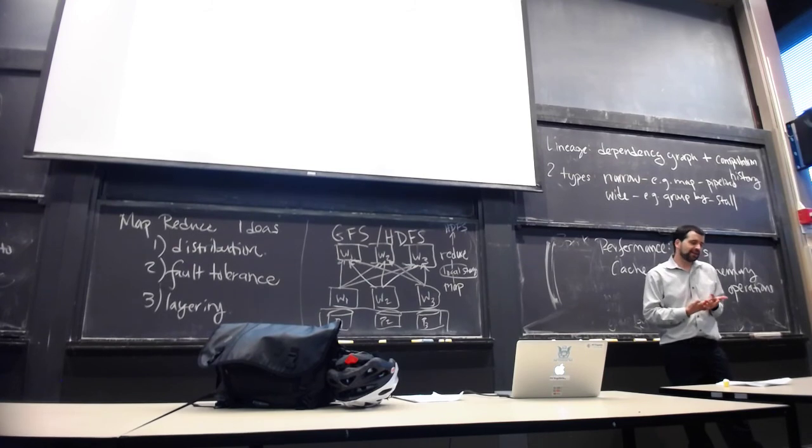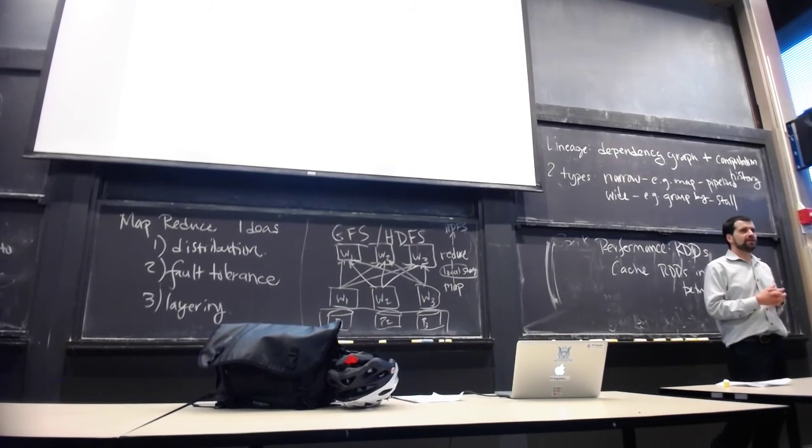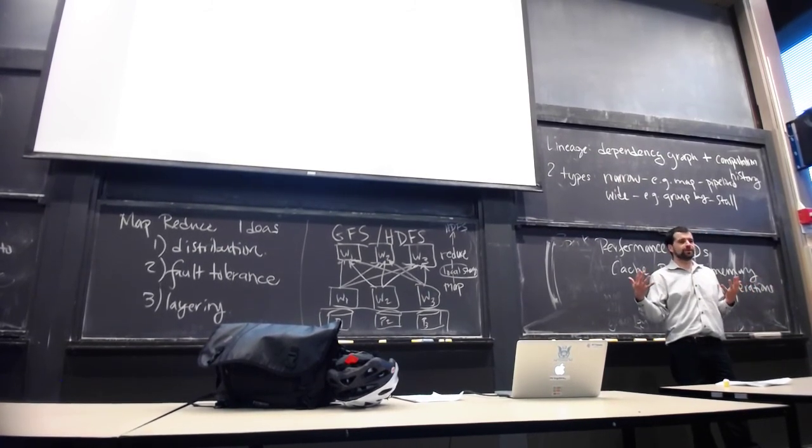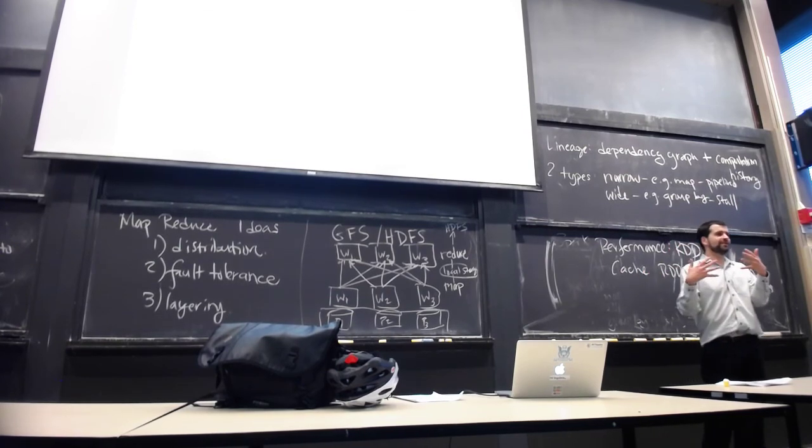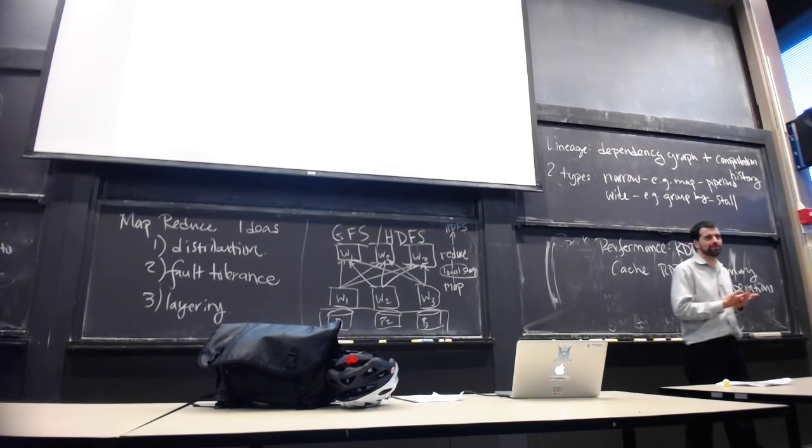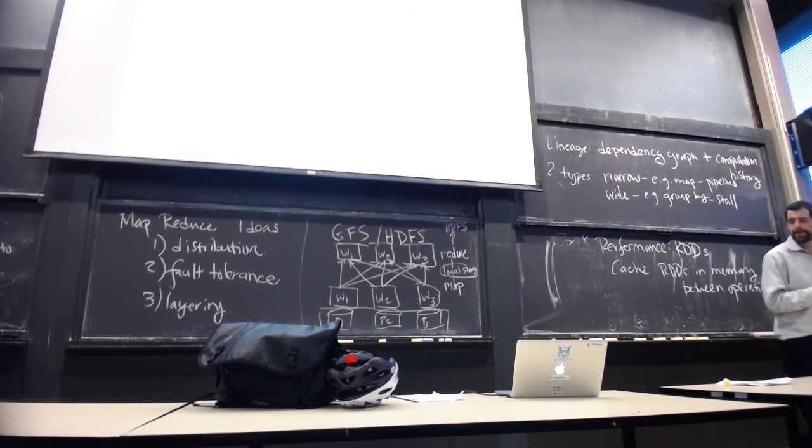So it's not clear to me whether Hadoop is just going to morph into Spark or whether Spark is going to completely replace MapReduce. But to me, it's a nicer programming model.